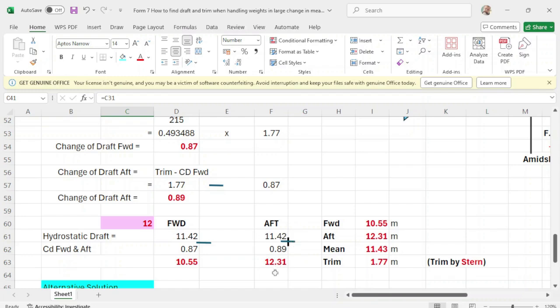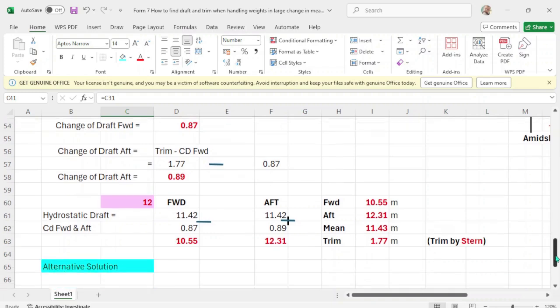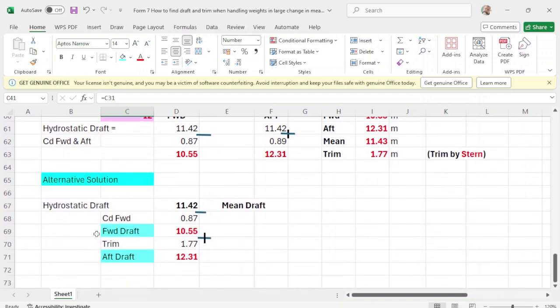Then you will have a final drop of 12.31. So your forward will be 10.55, your aft drop will be 12.31, and your mean drop will be 11.43, and 1.77 your trim.